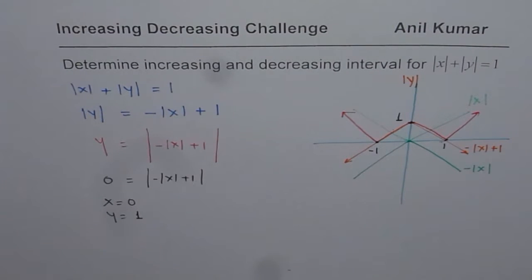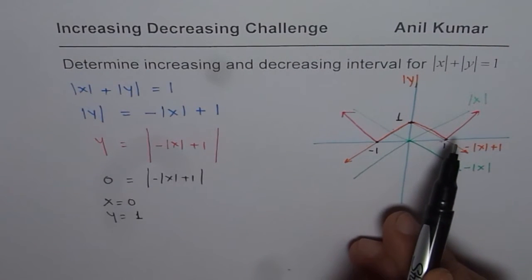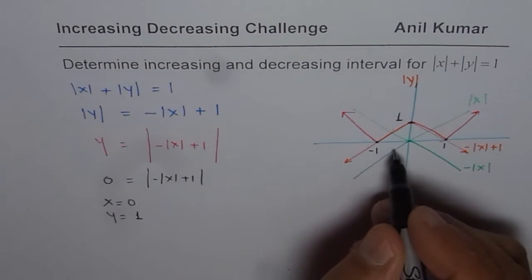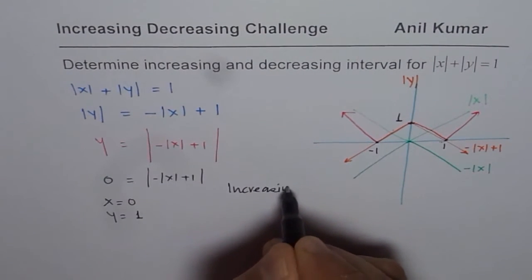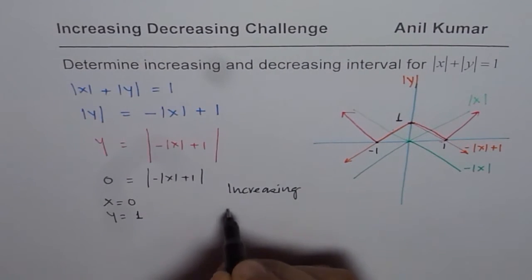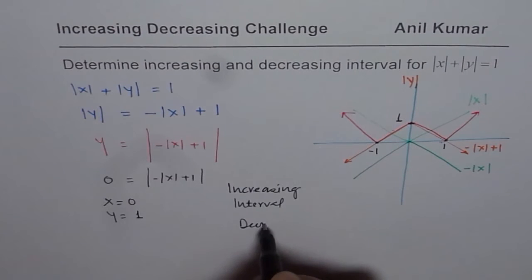The critical aspect of this question is really to sketch this function itself. Now it is easy. What are the intervals for increasing? So we can write the increasing interval and decreasing interval.